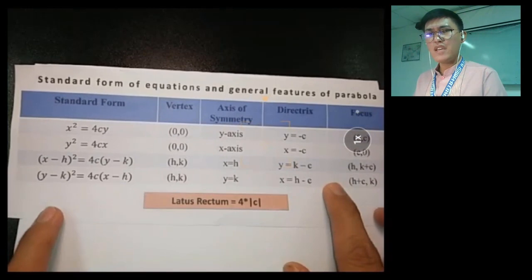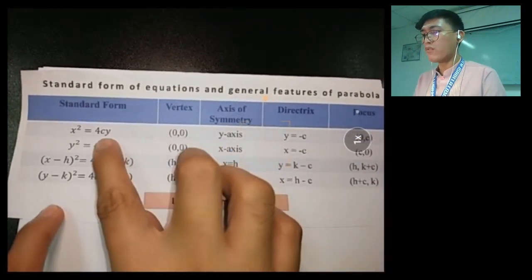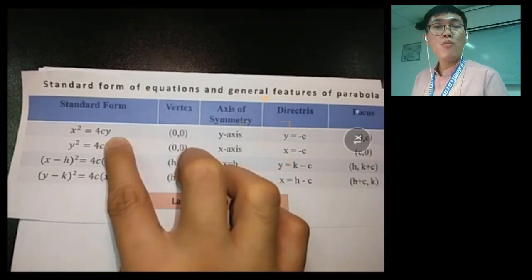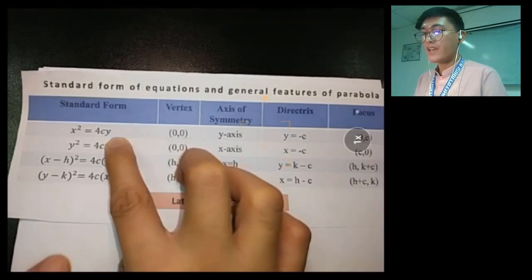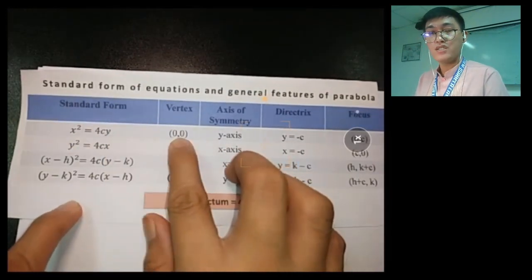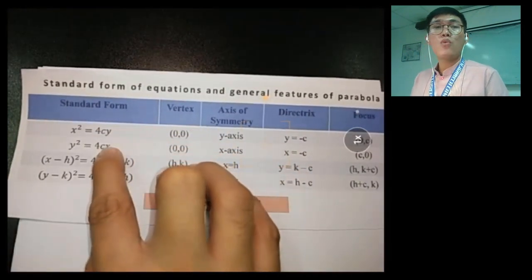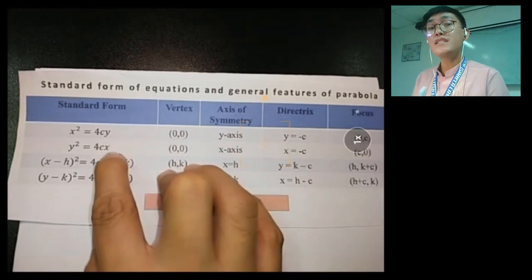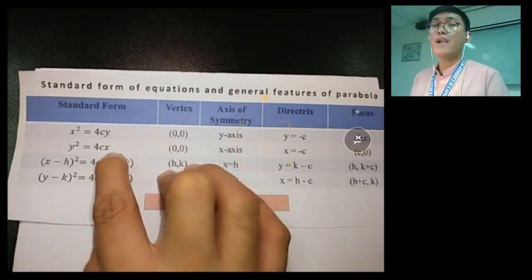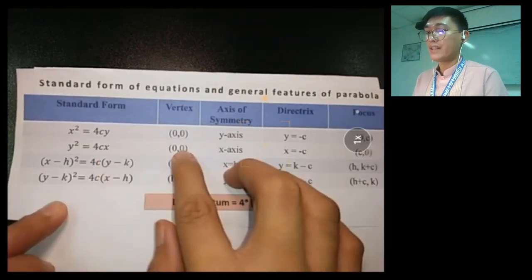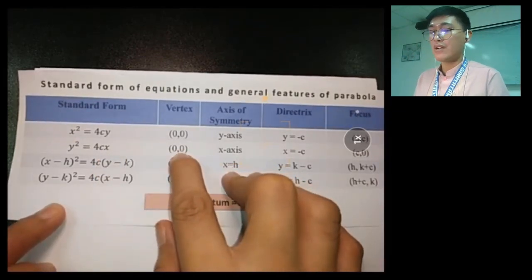So we have here options: x squared is equal to 4cy if your parabola opens upward or downward and the vertex must be at the origin or (0, 0). And you can also have this one option, y squared is equal to 4cx if your parabola opens to the left and or to the right, but the vertex must be at the origin also.